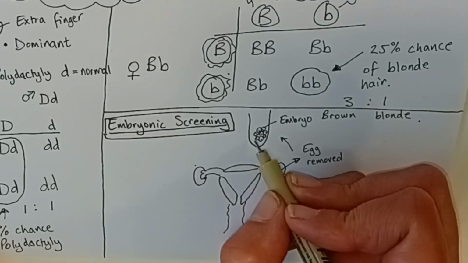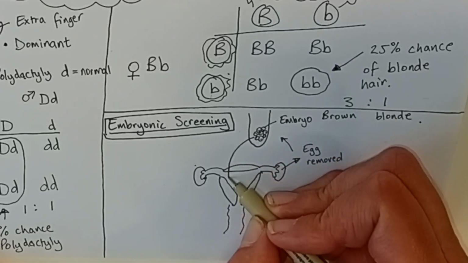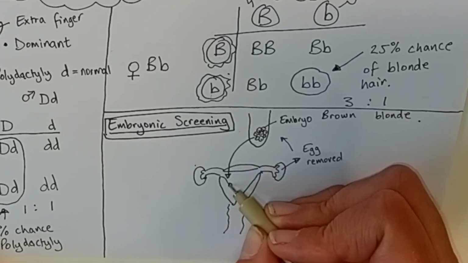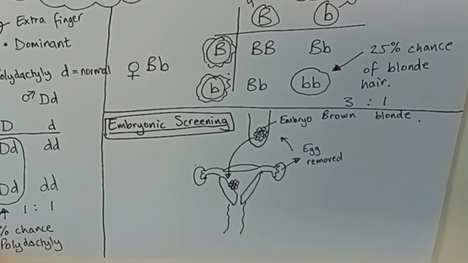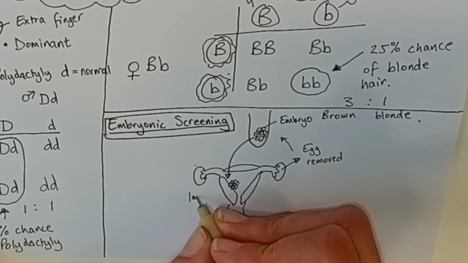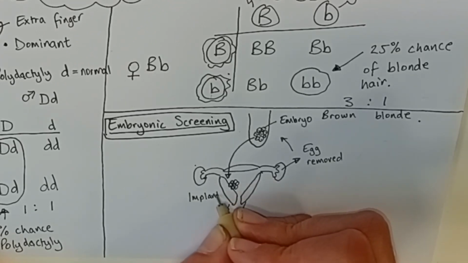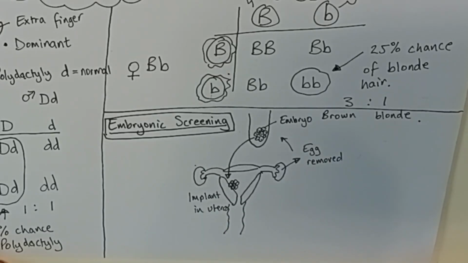And then what they do is they take a single cell out of that and then implant the embryo back into the uterus for it to grow and use the mother's blood supply there. So embryonic screening can be done naturally.